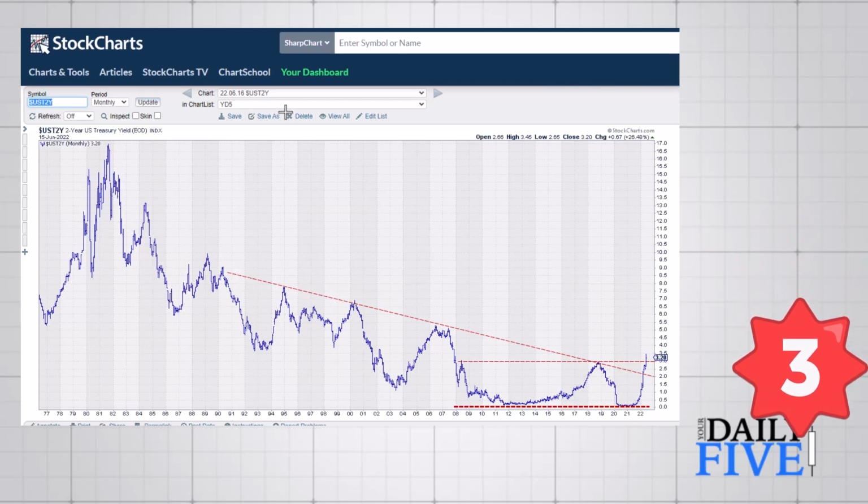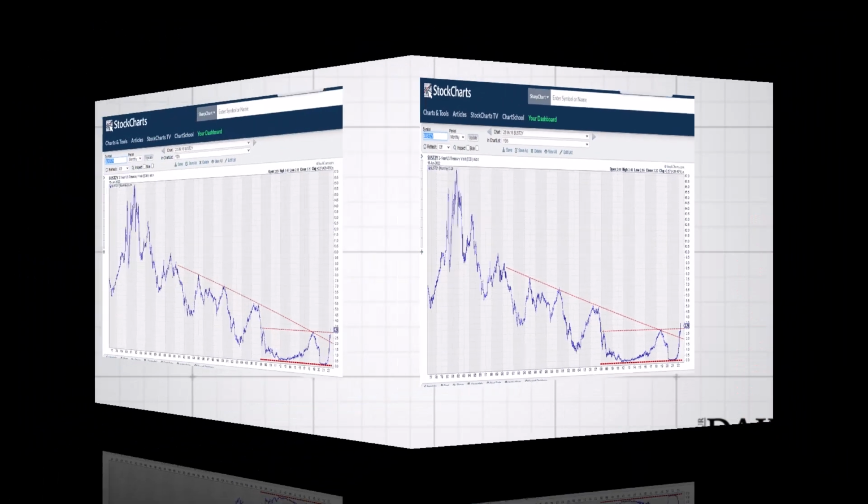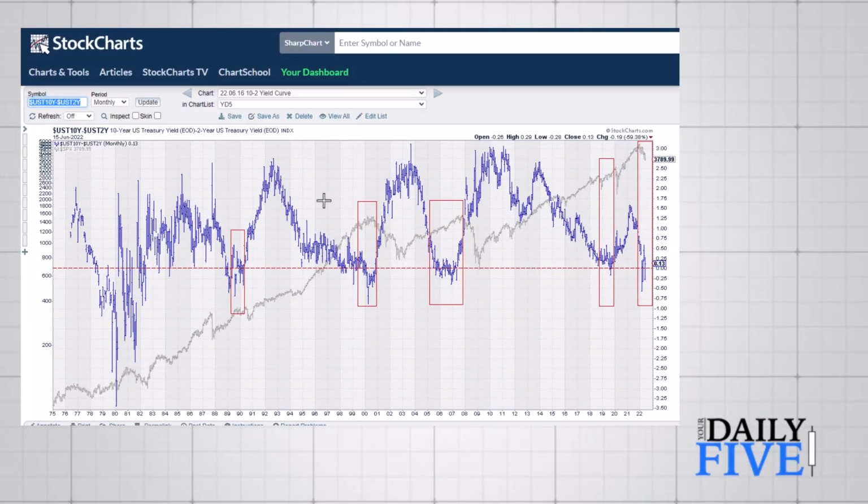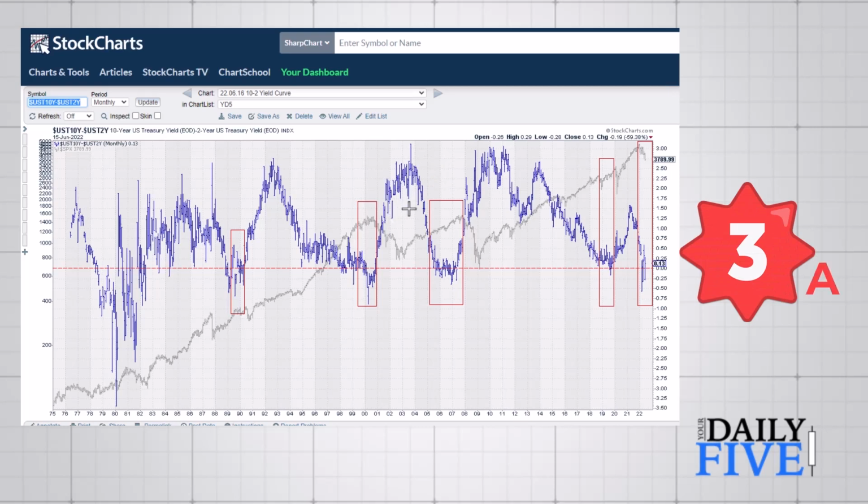Now, what does that mean for the yield curve? If you look at the yield curve, we are flirting with inversions every now and then. That is usually a situation that is not good for stocks. It usually precedes a recession and a more serious decline in the stock market.